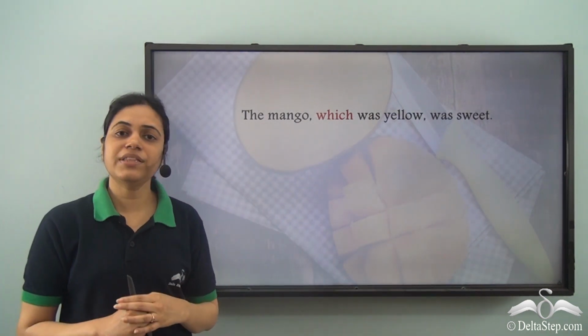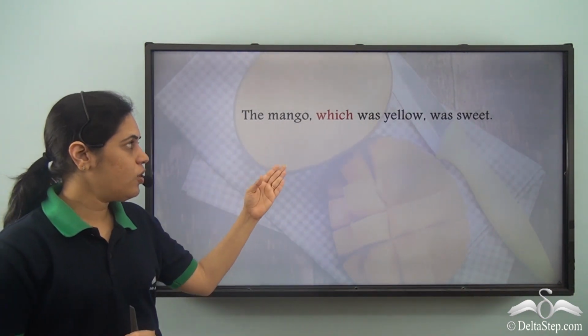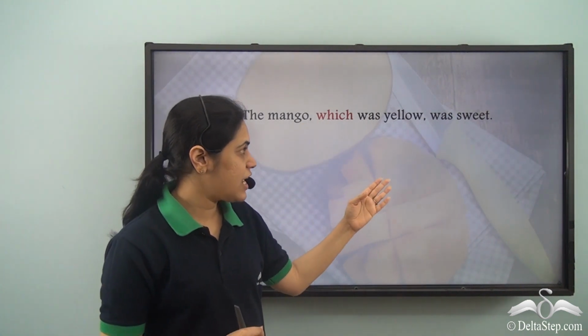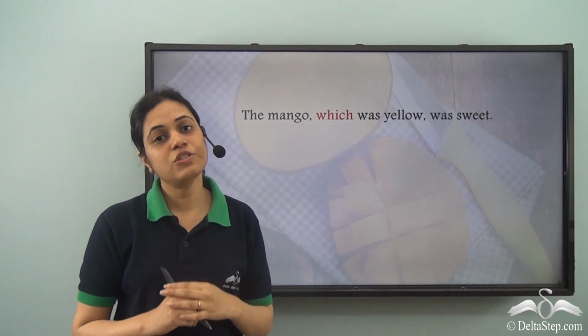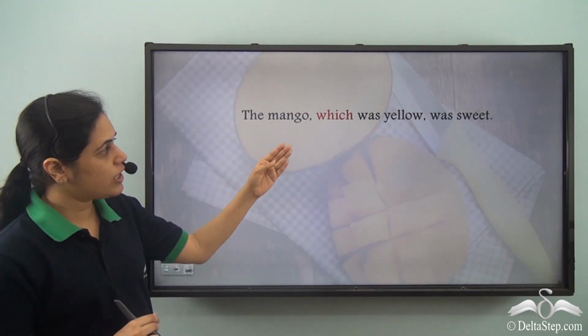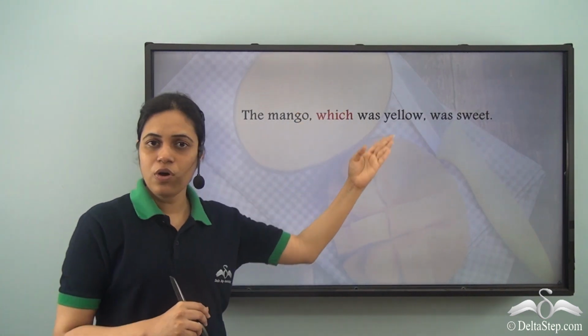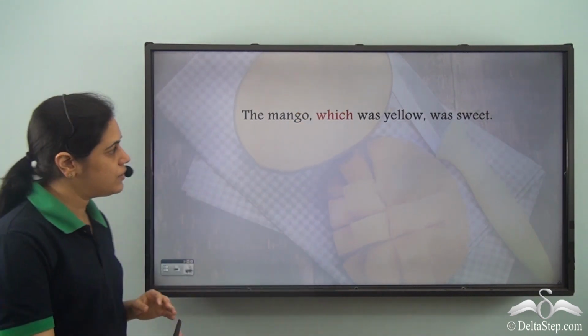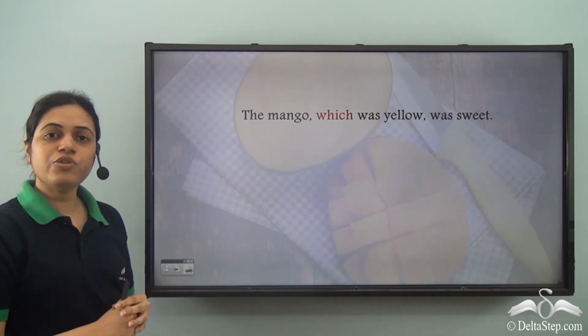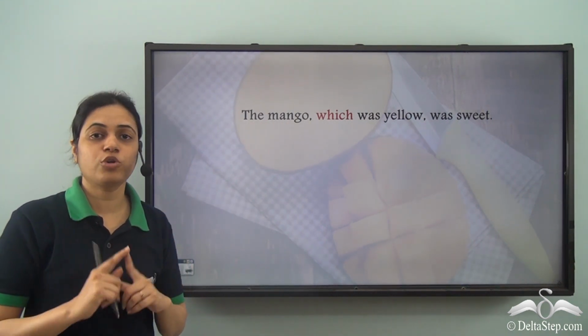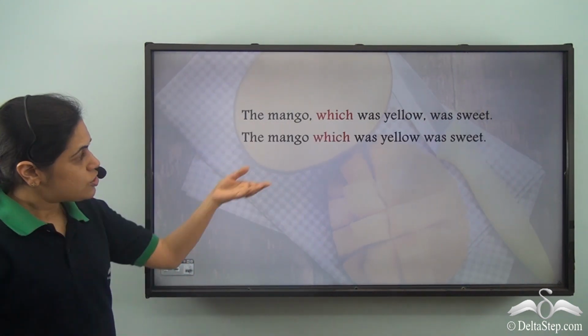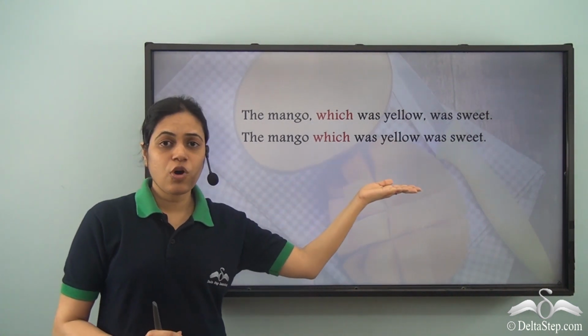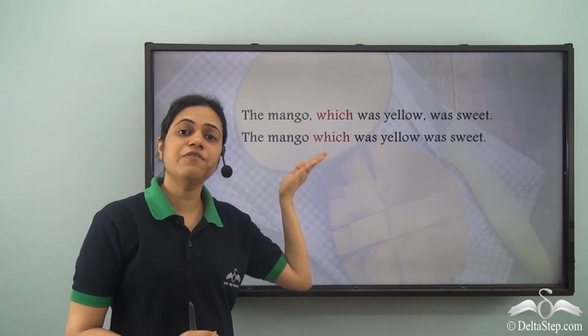Now once again look at this sentence. The mango, comma, which was yellow, comma, was sweet. So we are talking about a mango which was yellow and also sweet. Now I can also write this sentence without commas. So I have written this sentence without commas, but I am using which.